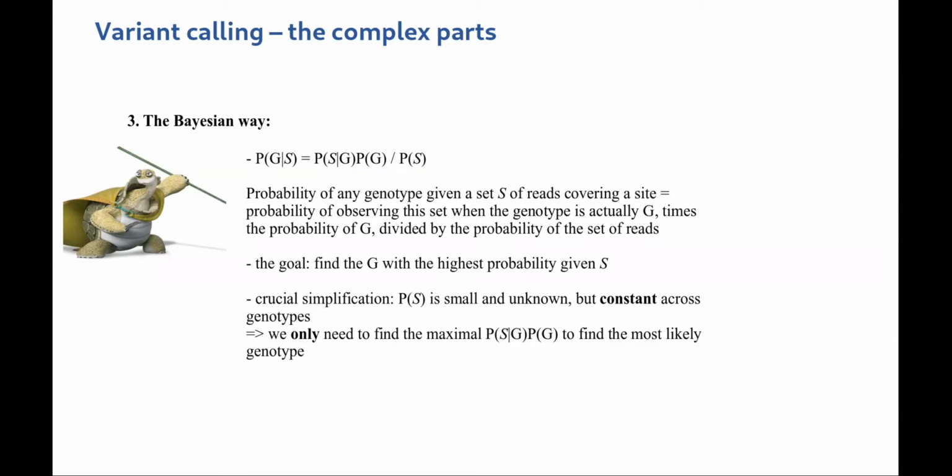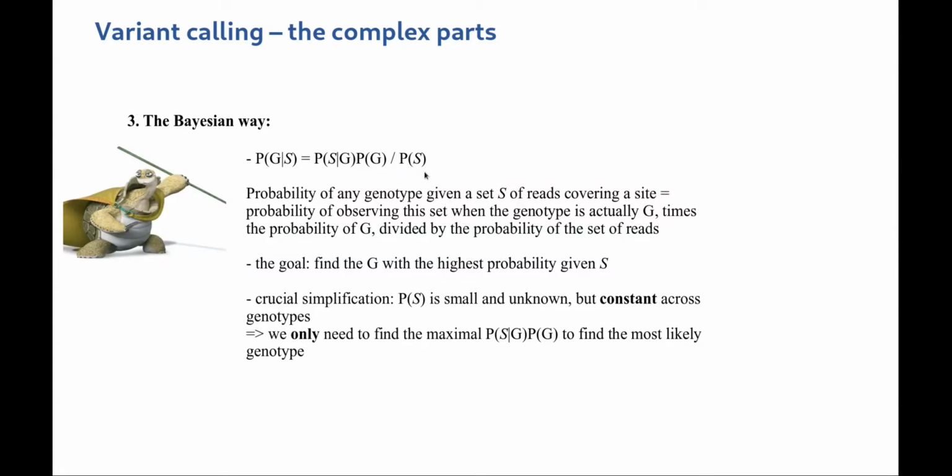The formula we're using here is that simple, well-known Bayes' theorem: the probability of any genotype G, given a set of observed reads, so that's the S in the formula, equals the probability of observing this set when the genotype is actually G, times the probability of the genotype alone, divided by the probability of observing the set of reads, just like that, unconditionally.